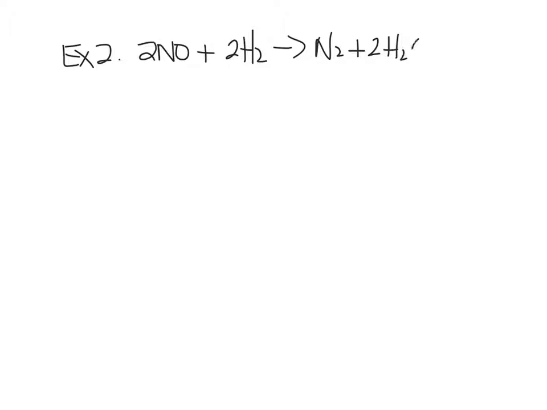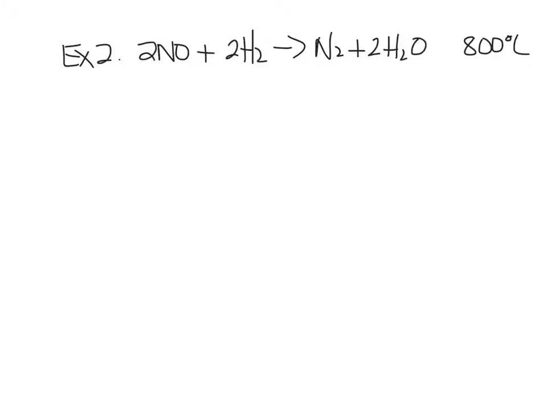A lot of times these reactions will tell you the temperature at which they occur, and that's because your K value will change with different temperatures. So this one happens at 800 degrees Celsius, so the K value that we figure out will only apply at this temperature.